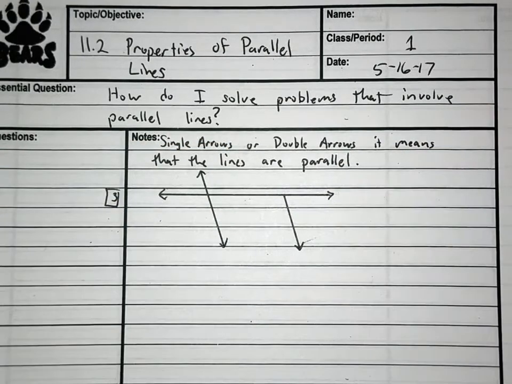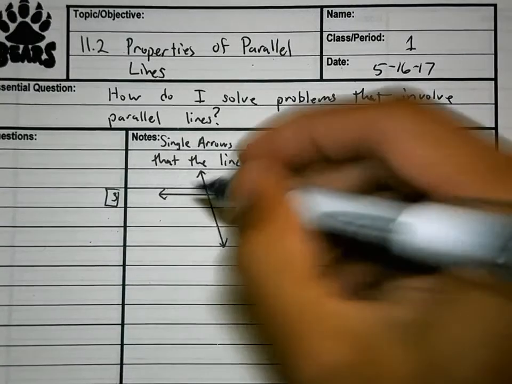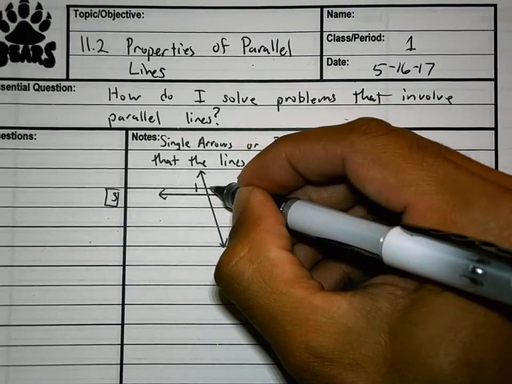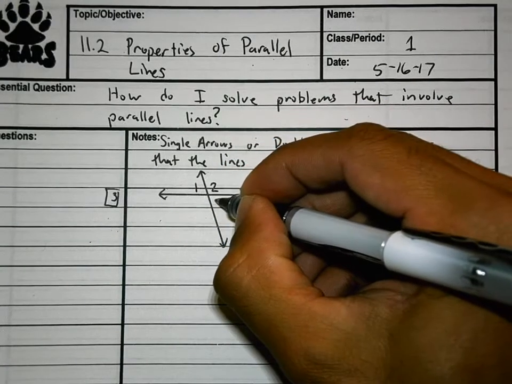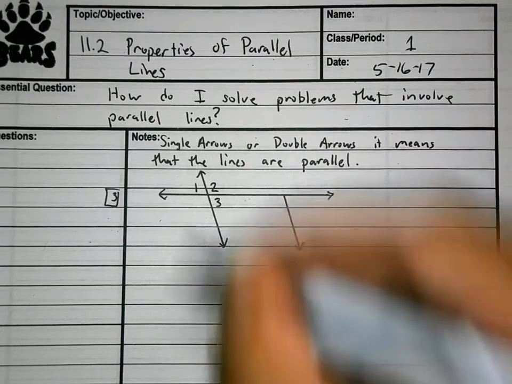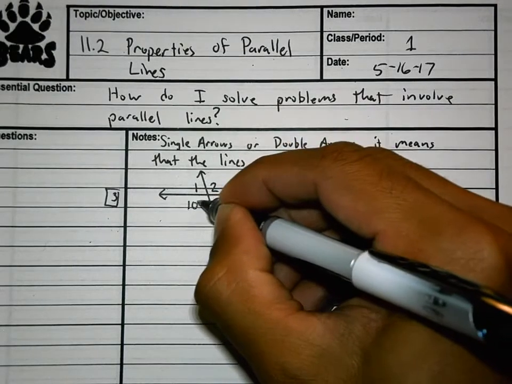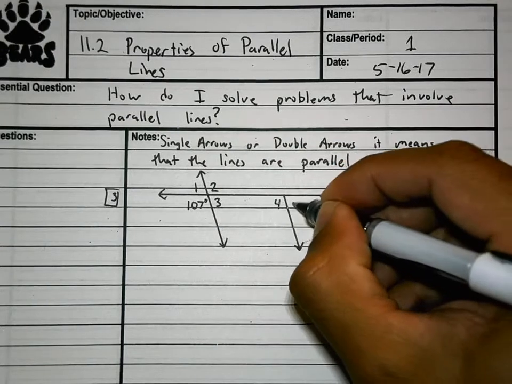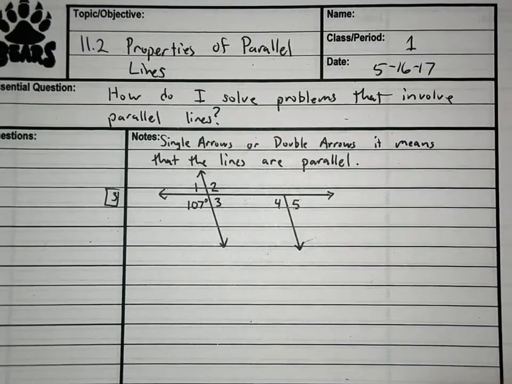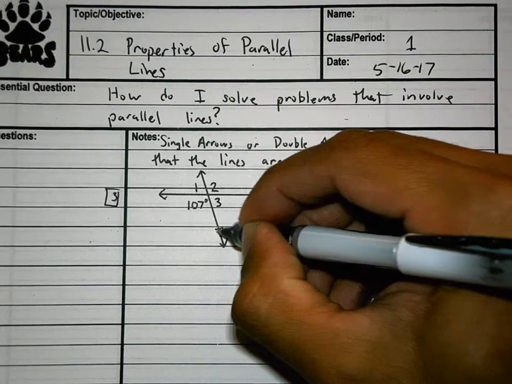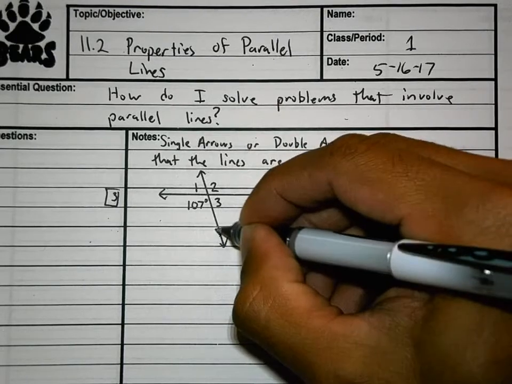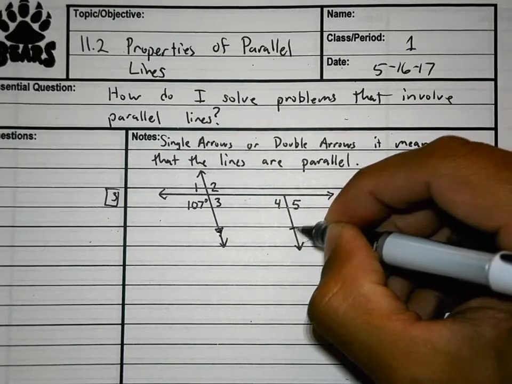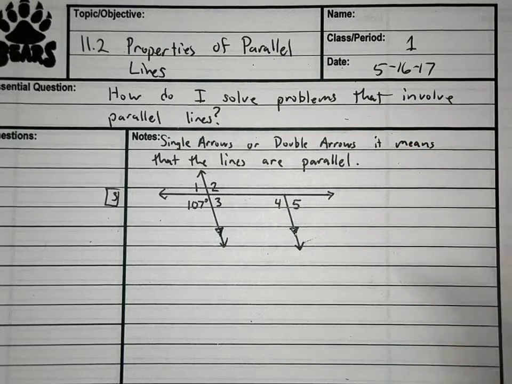Like that. And this is labeled 1. This is labeled 2. This one on the right is 3. This other one is labeled 107 degrees. This is labeled 4. And this is labeled 5. And then there is this single arrow and a single arrow. Just like that.